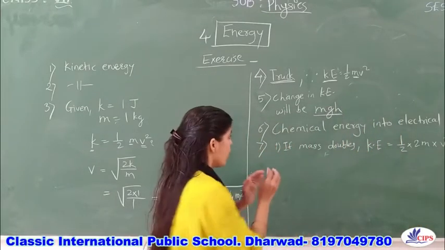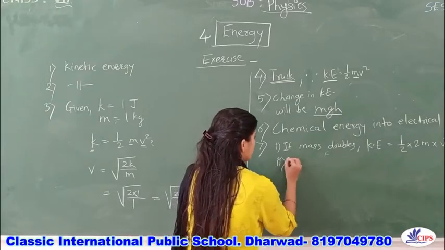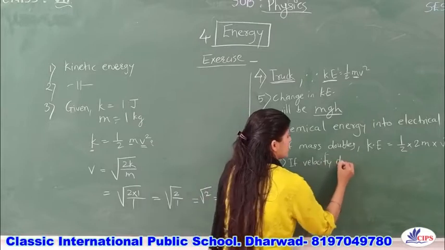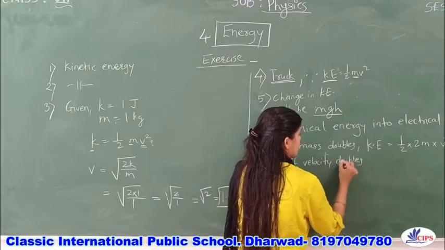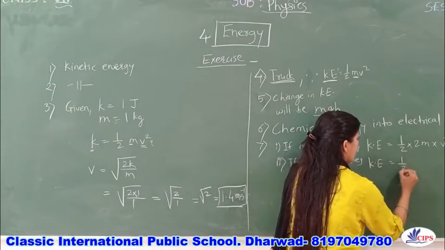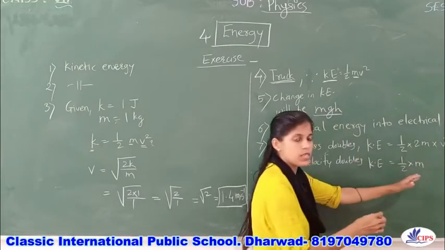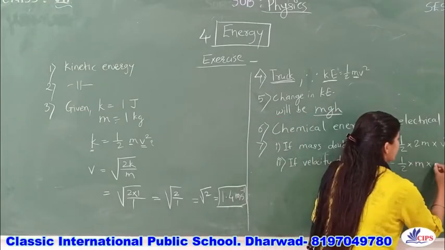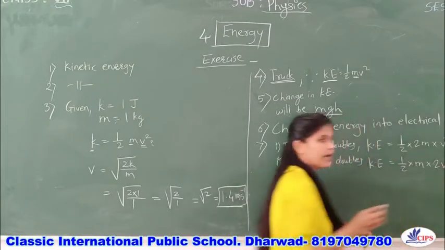Now we will check what will happen if velocity doubles. If velocity doubles, then kinetic energy will be the same formula, half into m as it is, because it is not doubled in this case. What is doubled? Velocity. So it will be (2v) square, isn't it?